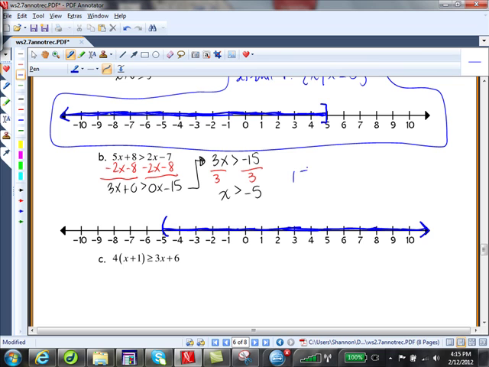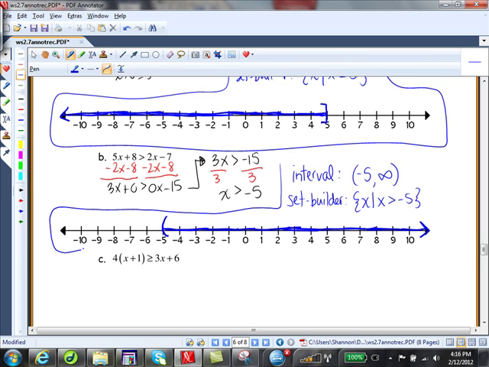So interval notation is, our left endpoint is negative 5, it's not included, and then we go to infinity. And set builder: my variable is x such that x is greater than negative 5. Awesome. Box all of this good stuff.